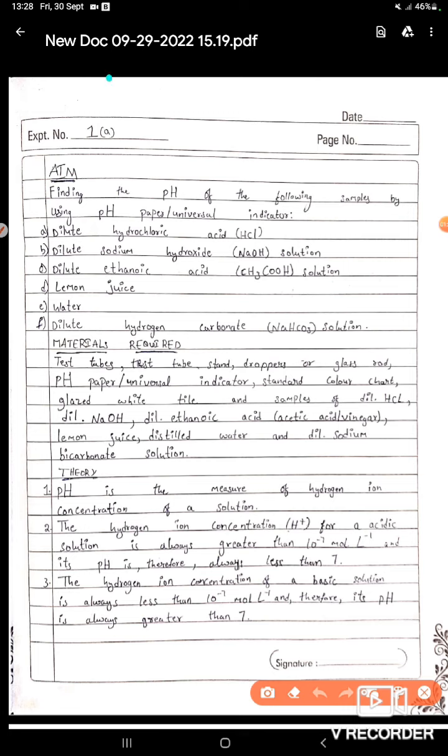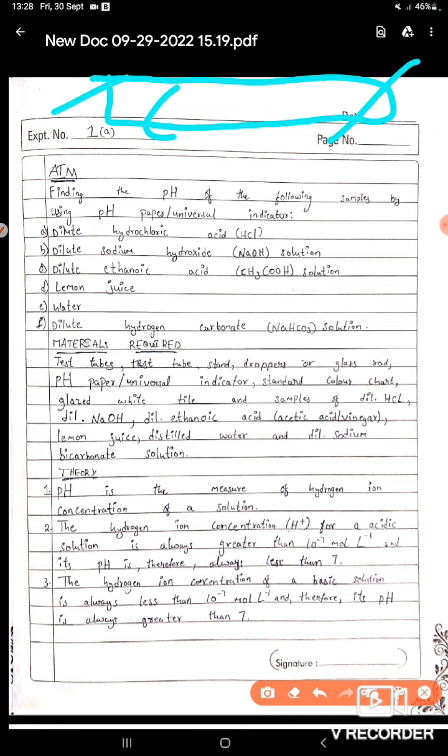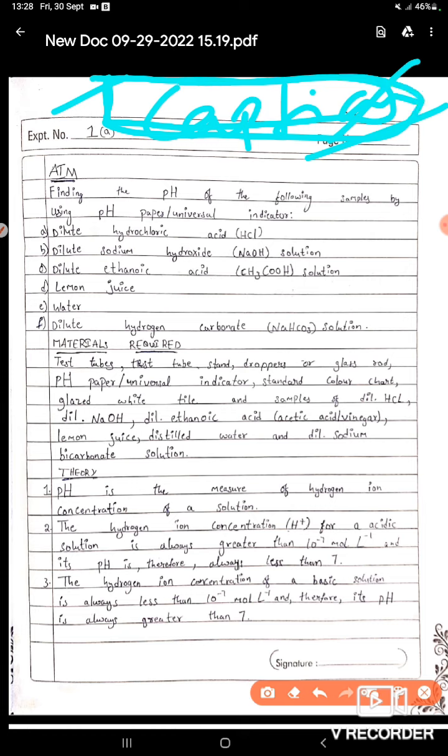Next you should maintain the particular heading here. What is the experiment given to you? It must and should be with bold, with a good font size, with complete capital letters only. Now write the aim clearly.